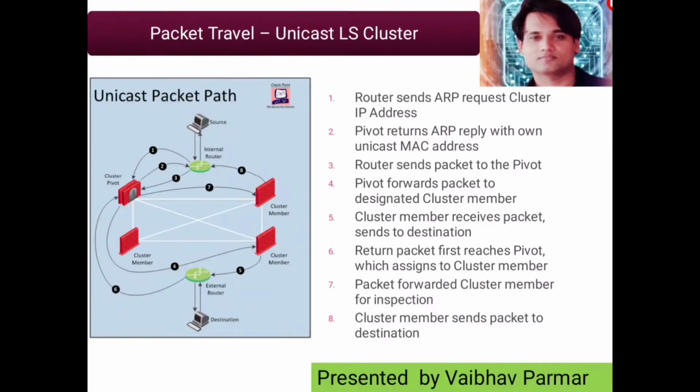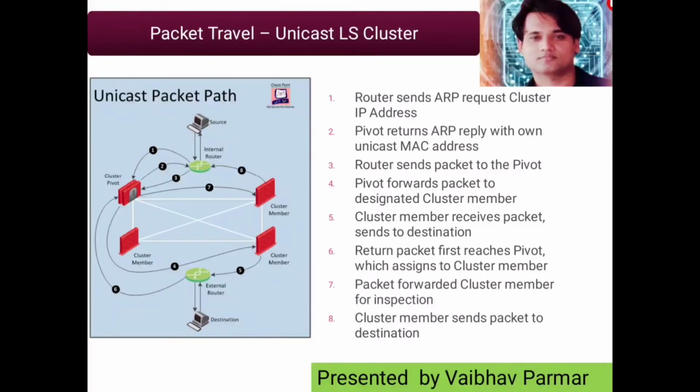The pivot forwards the packet to the designated cluster member without changing the packet. The destination IP address of the packet remains unchanged, and neither decryption nor NAT functionality is performed on the forwarded packet. When sending the packet, the pivot uses the MAC address of the designated cluster member. The packet is forwarded through the original interface.